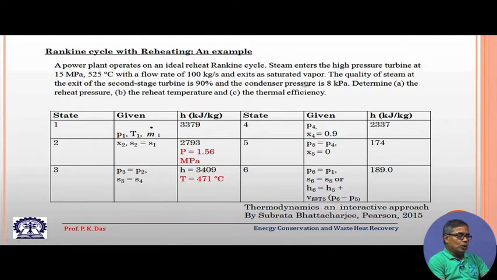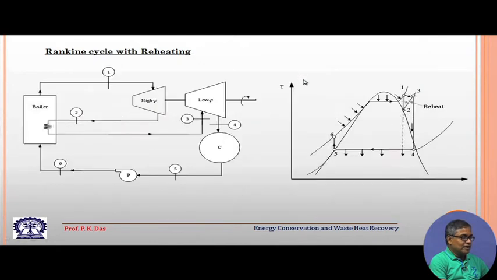So, we go back to the previous slide. Now let us concentrate on this process. In this process we are assuming that this is an ideal expansion through the turbine, which may not be so in the actual case.